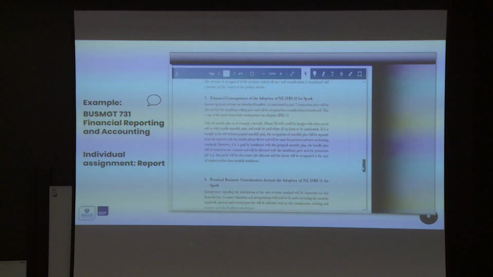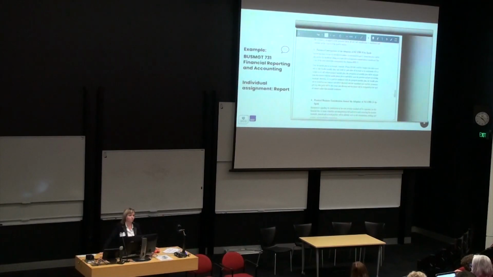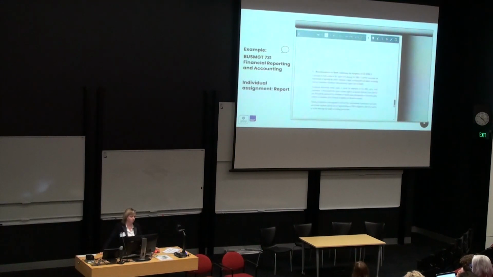So for instance, if we look at financial consequences, not a lot of information provided, and more information should be documented in this report, especially for the financial consequences of the adoption of NZ IFRS 15. The structure and the style of the report are generally acceptable. However, more visual content could be added to illustrate with practical examples, such as images. Therefore, we got 35 out of 50 for this report.